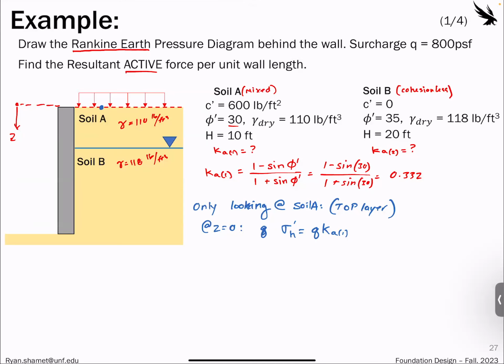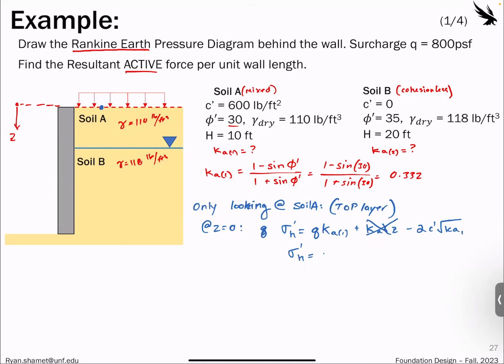And then at the top here, we have the start of the cohesion. The general equation would be Q times Ka plus Ka times unit weight times Z, minus 2C times the square root of Ka1. Since we're at the surface, that Z is equal to 0, so that term goes away.